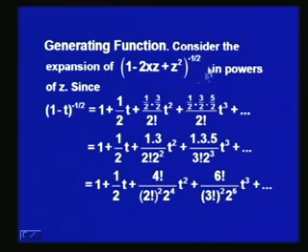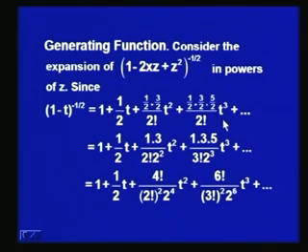Let us consider the expansion of this in the powers of z. Let us first write the expansion of 1 minus t raised to the power minus half by binomial expansion. It can be written as 1 plus 1 by 2 t, plus 1 by 2 into 3 by 2 over 2 factorial t square, plus 1 by 2, 3 by 2, 5 by 2 over 3 factorial t cube, and so on. We have used the binomial theorem here, and then 1 plus half t, plus 1 into 3 over 2 factorial 2 square t square, plus 1, 3, 5 over 3 factorial 2 to the power 3 t cube, and so on.